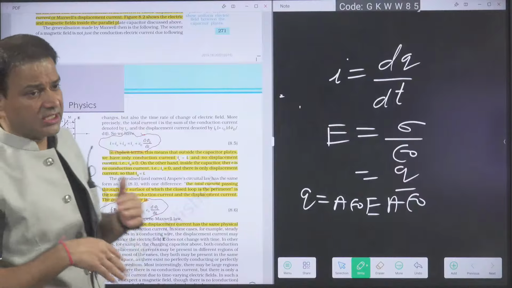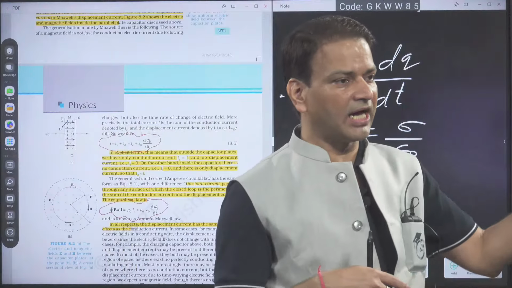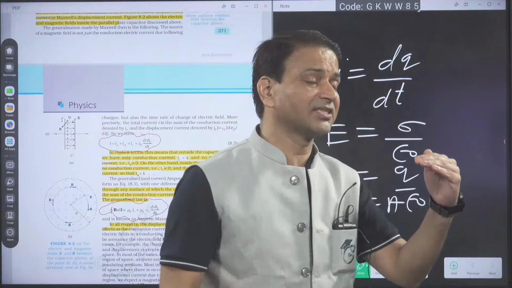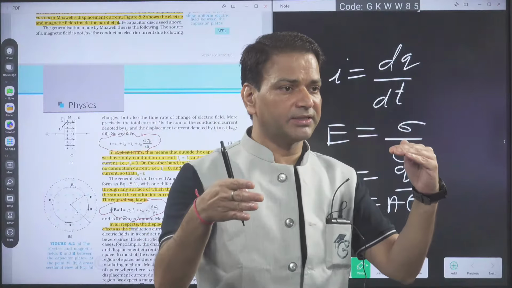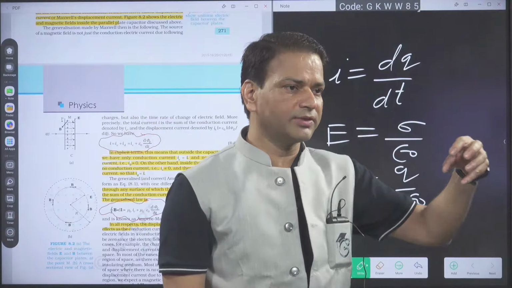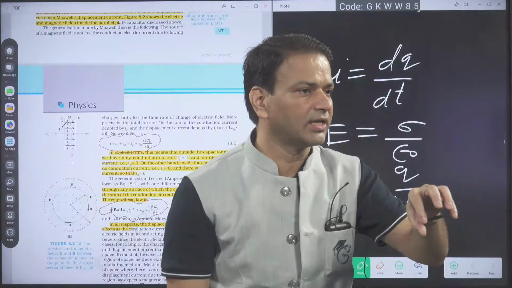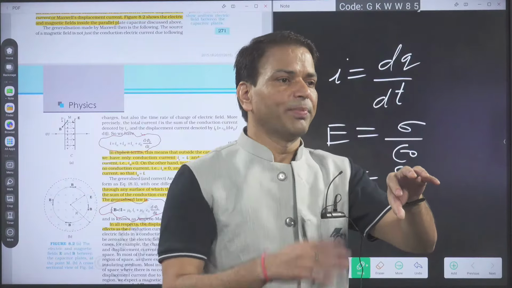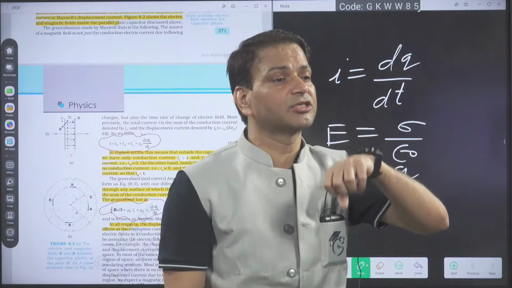When the capacitor is charging, the rate at which charge is flowing in the conducting wire, that is the conduction current, is the same rate at which charge is changing on the plate of the capacitor. Suppose per second Q amount of charge is flowing through the connecting wire. Then how much charge is the capacitor storing per second?